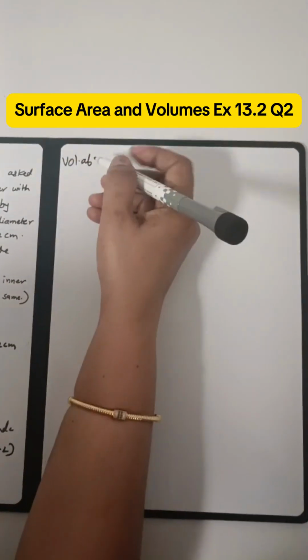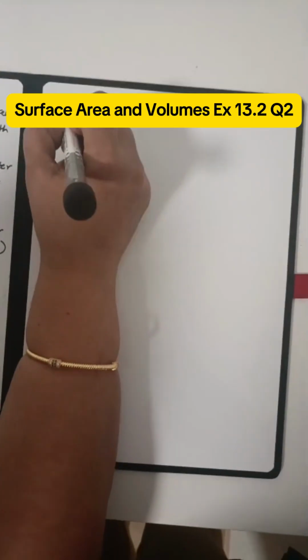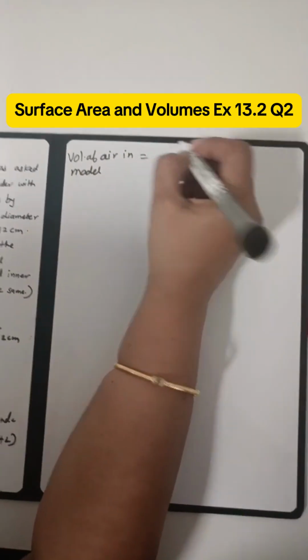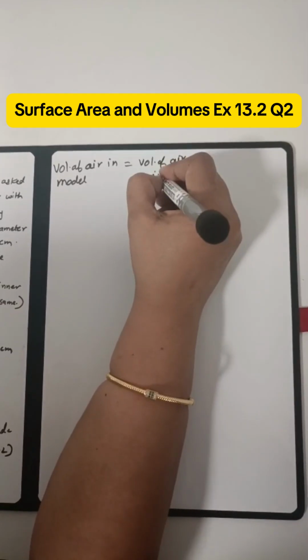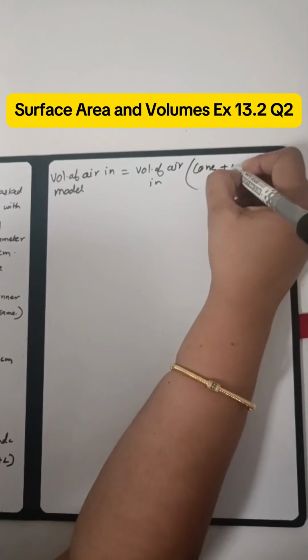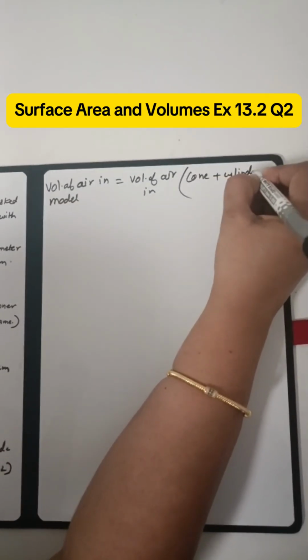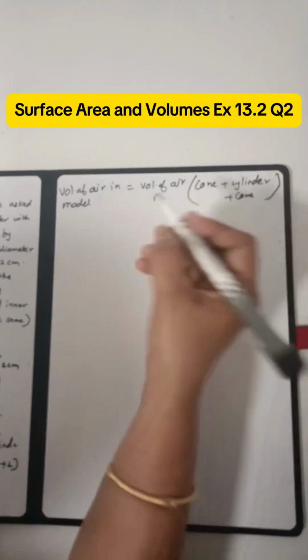So volume of air in the model is equal to volume of air in the first cone that we have, then we have cylinder, and then we have the end cone also. So you can see there are two cones which are similar.